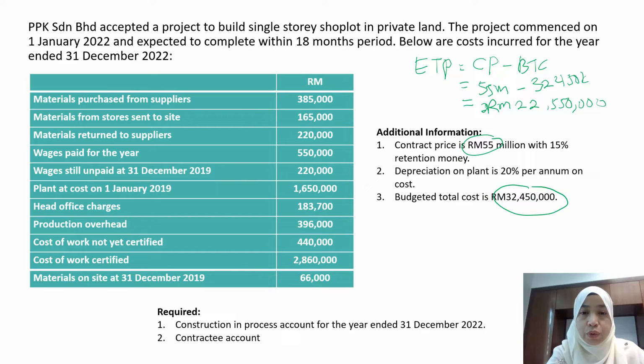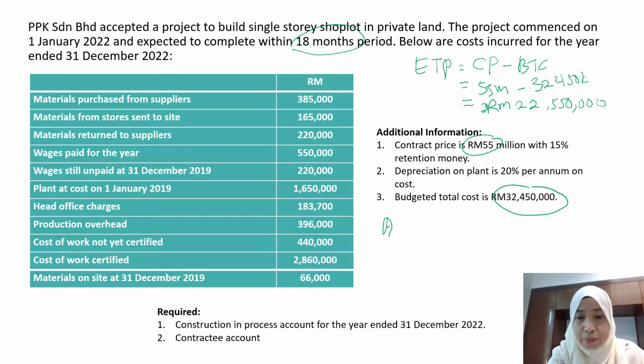If you look at 18 months, that means two different accounting periods. So how do we allocate the estimated total profit into a particular accounting period? You will have two formulas, and the result is known as attributable profit.